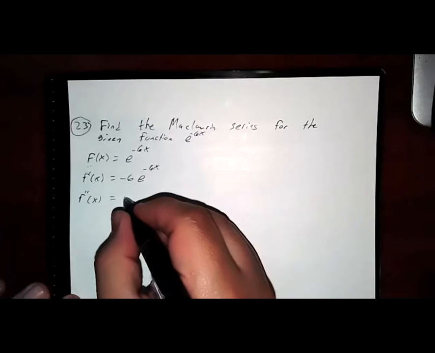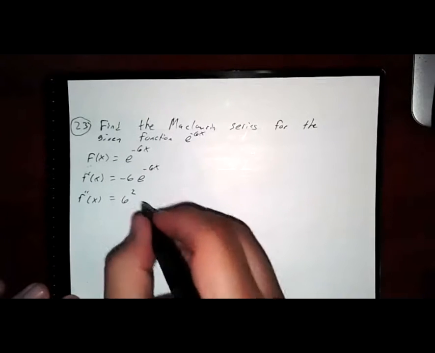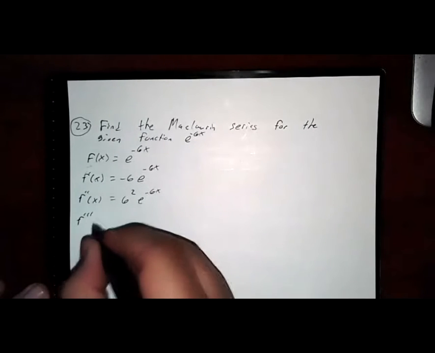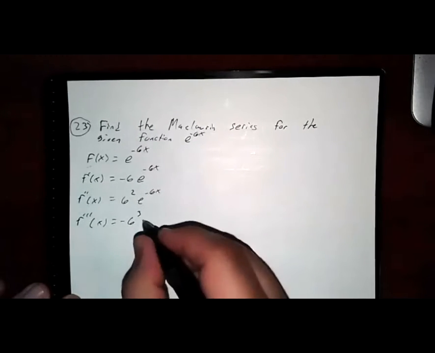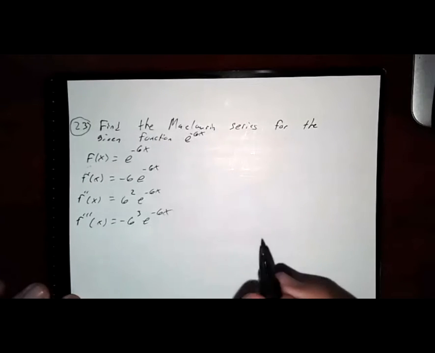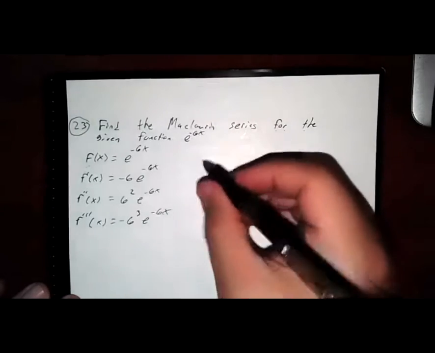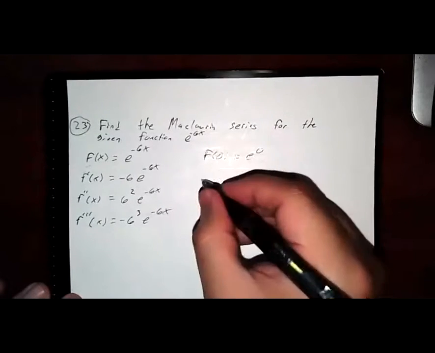Second derivative, you'll see that it becomes positive 6 squared, right? Triple derivative goes back to negative, so that's negative 6 cubed. And this is Maclaurin, which means you've got to plug in the 0 for each one.